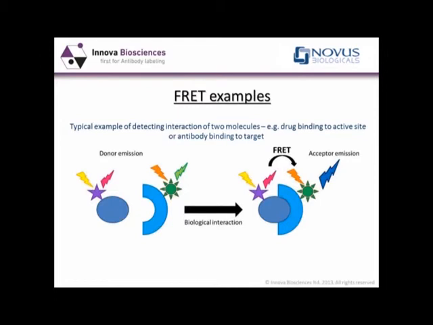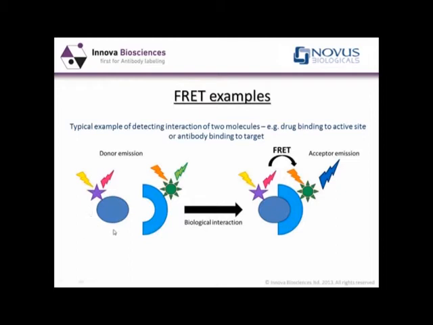I now have just a few slides of cartoon examples of some ways in which FRET can be used. In this first example, we're looking at the interaction of two molecules and of detecting that interaction. These molecules, for instance, might be a drug binding to an active site on a protein, or perhaps an antibody binding to a target molecule.